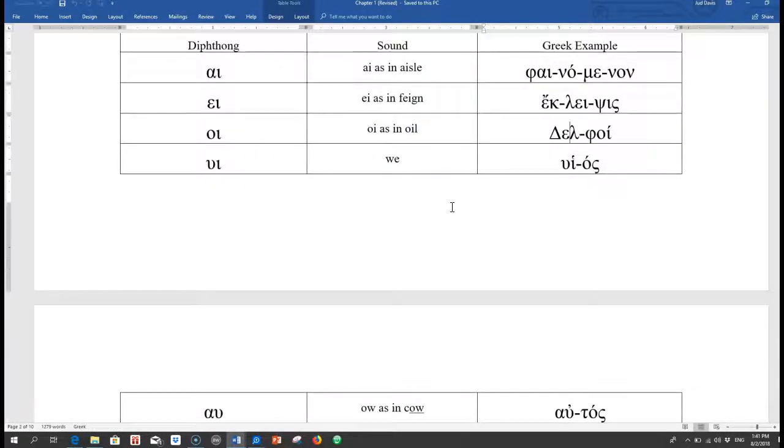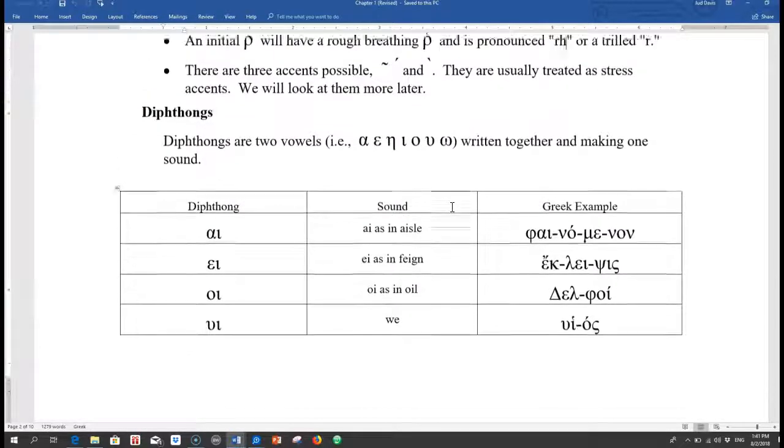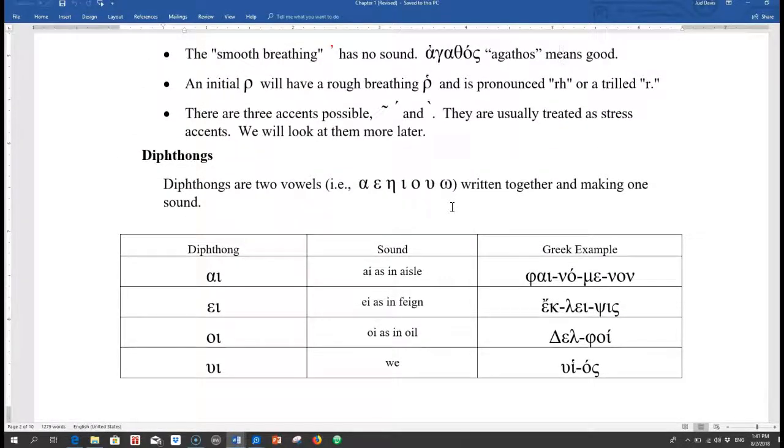An initial rho always has this rough breathing, and in fact, it's pronounced as an R and H together. If you can trill your R, that's even better. This breathing mark is why we spell the word rhinoceros R-H-I-N-O.